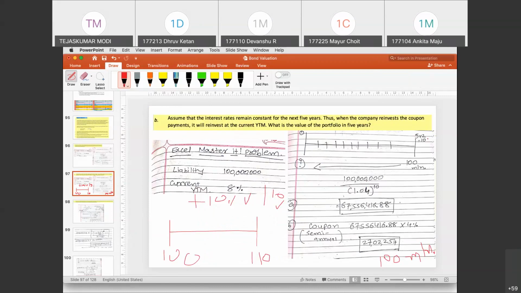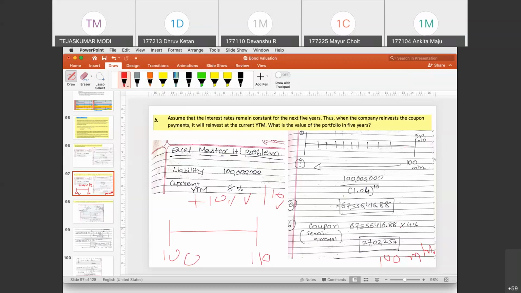Sir, here we will assume the interest rate remains constant, that is 4% interest rate, or YTM is 8%, let's say. Thus, when the company reinvests the coupon payments, meaning every time the coupon that is 27, I'm investing this much, I'm buying bonds worth this much.